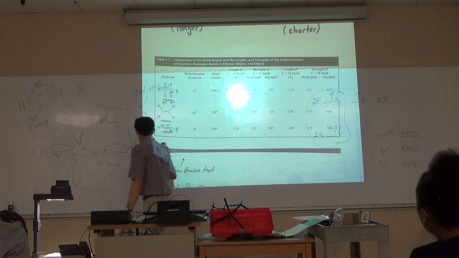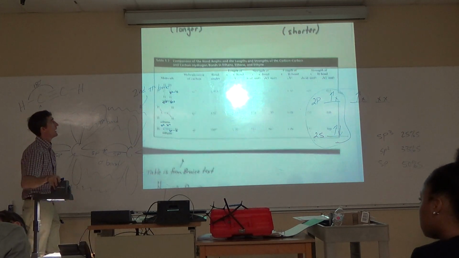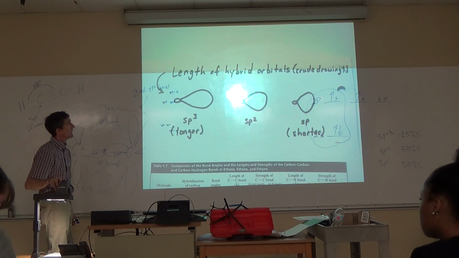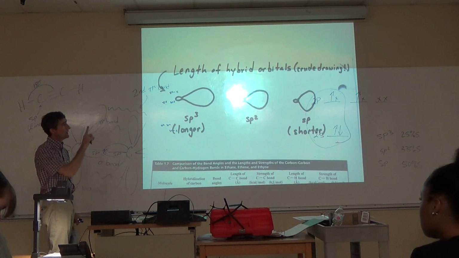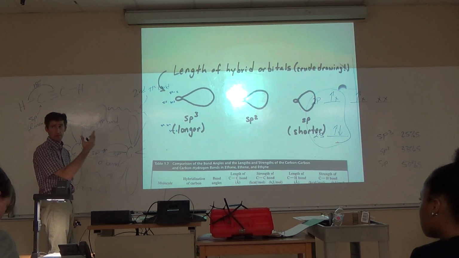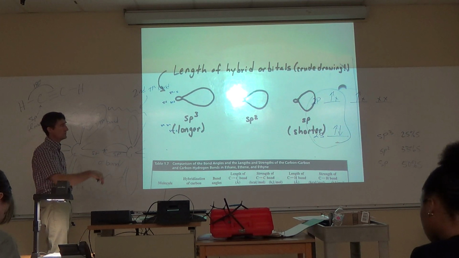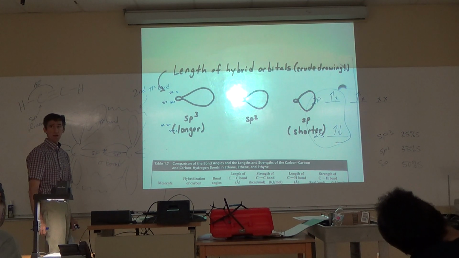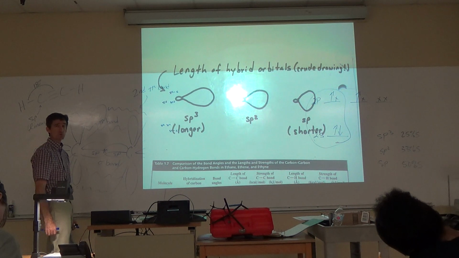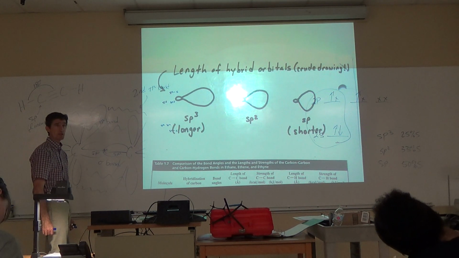Basically, length of the hybrids dictate bond length, but also stability of the hybrids dictate bond strength. The more stable the orbital, the stronger bond it's going to make.